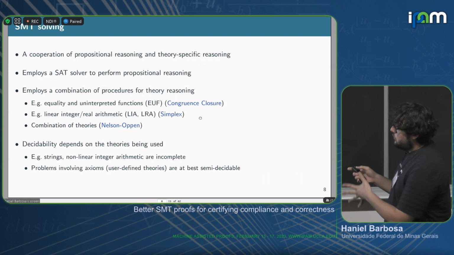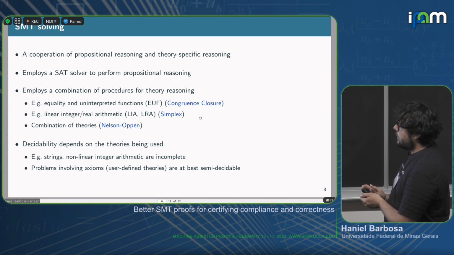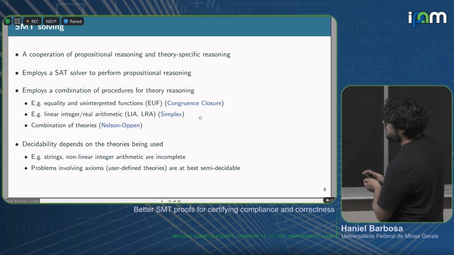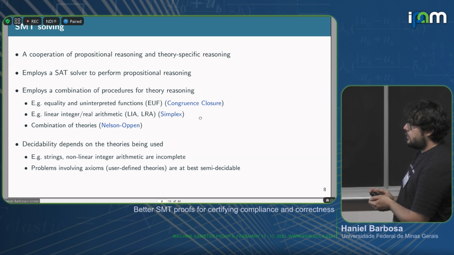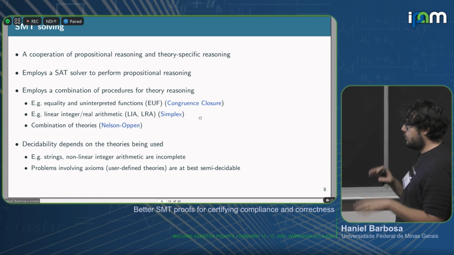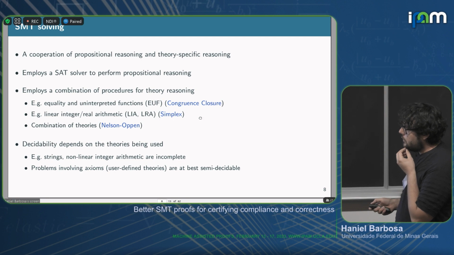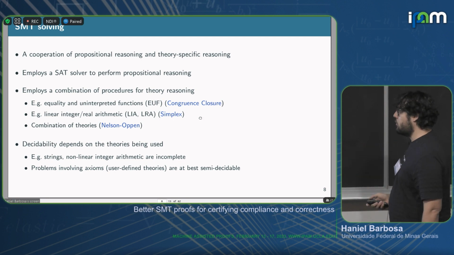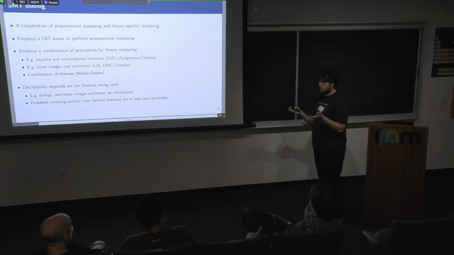So SMT solving, the way that these systems are implemented, is a combination of propositional reasoning and theory reasoning. Theory reasoning is how you would reason about these different theories, as we have established what theories would be. If you have arithmetic parts of your problem, you would reason with a solver for arithmetic.